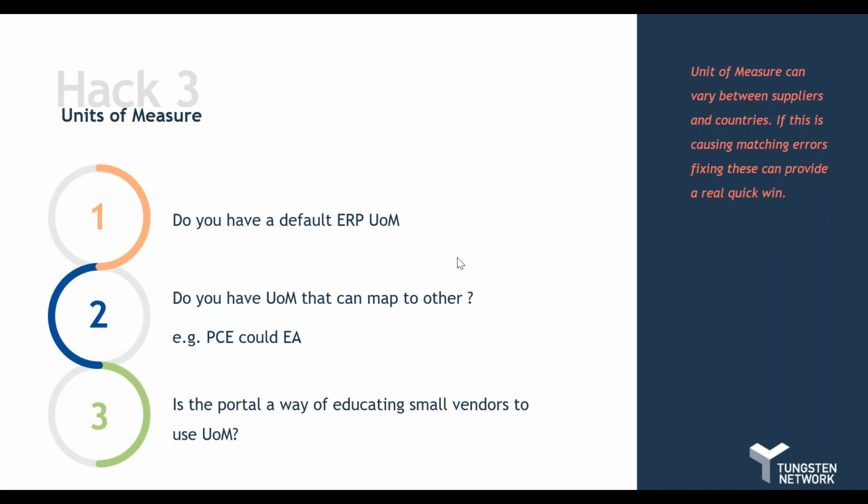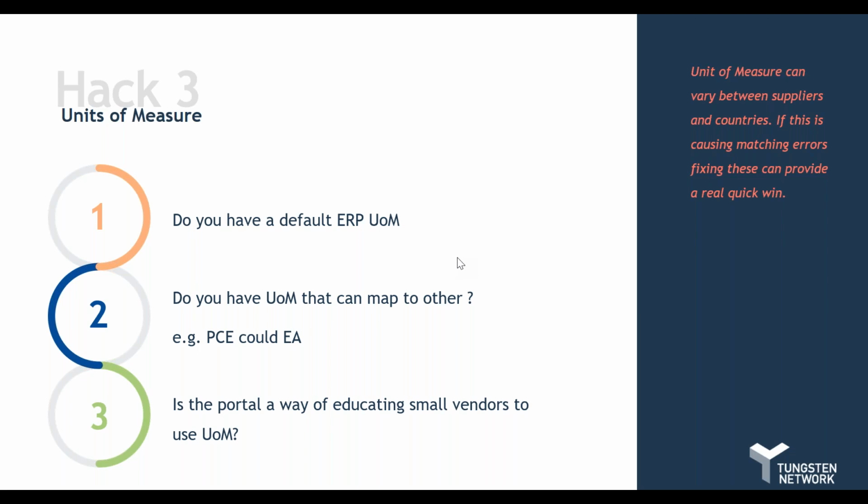So a unit of measure is basically, the simple one here, we've got piece, we've got each, it's what you're buying. If you're buying things in weights, the classic one of kilograms, you send out a purchase order for kilograms, then your supplier sends one in for tons, or they send them in pounds.